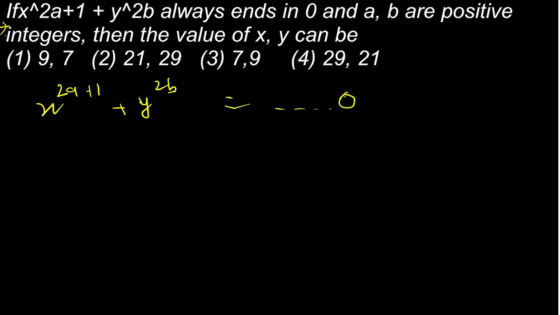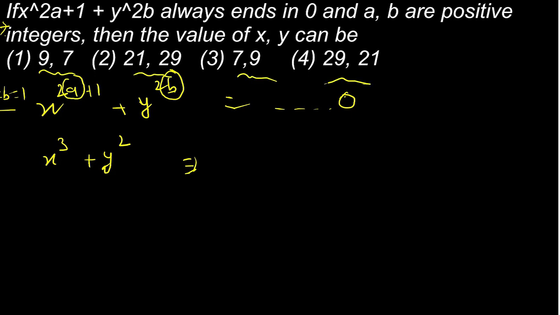Now a and b are going to be integer values. I'm starting with the easiest value: put a equals b equals 1. So this is going to be x cube and y square. The possible sets are given to you, so you put these numbers in and start with them.